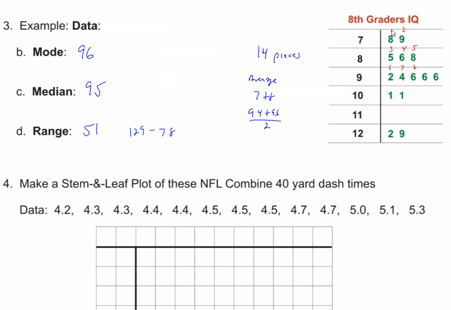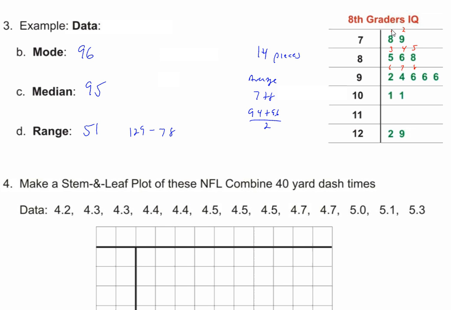Edward? For the 11 one, is it 11 or is it? There is nothing in the 110s, right? This would be like 110, 111, 112, 113. There is no data. But notice the 11 is there.